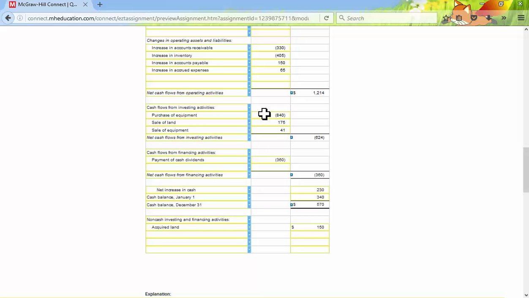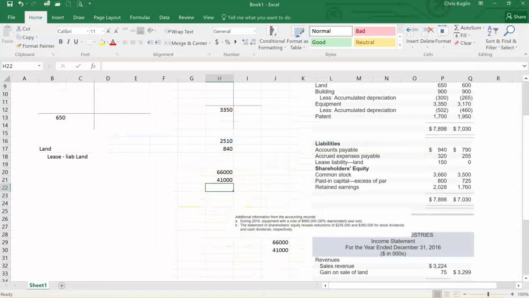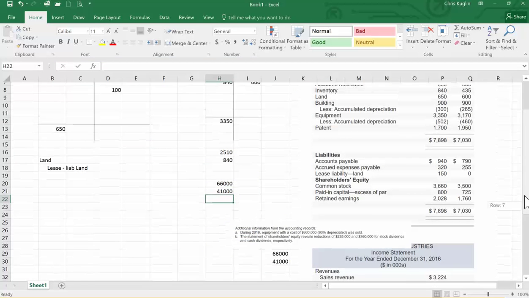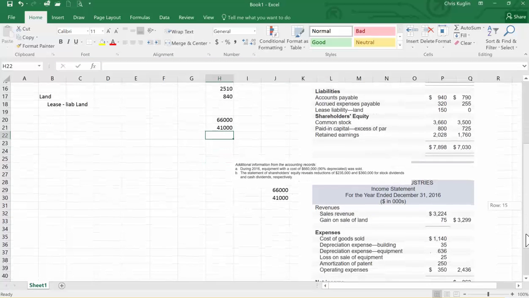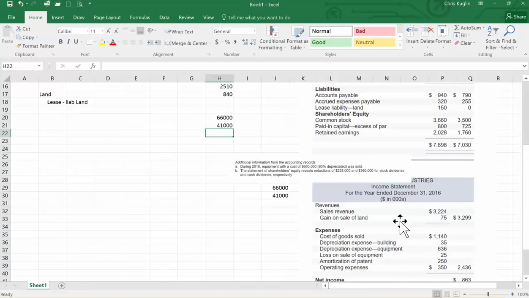We've accounted for the purchase of equipment, which we determined by setting up our T account. And so now all of our investing activities have been documented. We have documented all the changes that have occurred according to the balance sheet changes and reflecting the gains and losses that we found on our income statement.